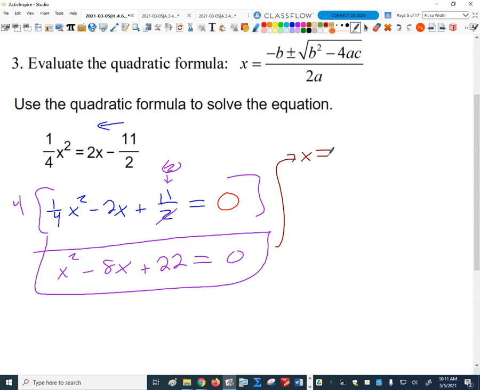So we're going to get x equals -b. Well, b is -8, so that's going to be +8, plus or minus the square root of b squared. Now b is -8, but when I square a -8, what should I do instead? If I'm taking a negative number to an even power, what's an easier way to do that? -8 squared is the same as what squared? +8. Yeah.